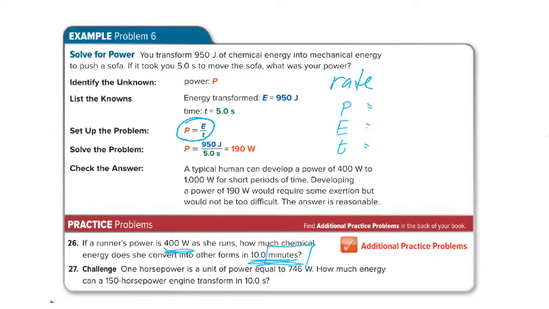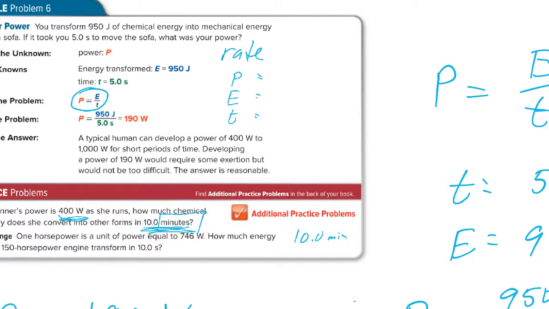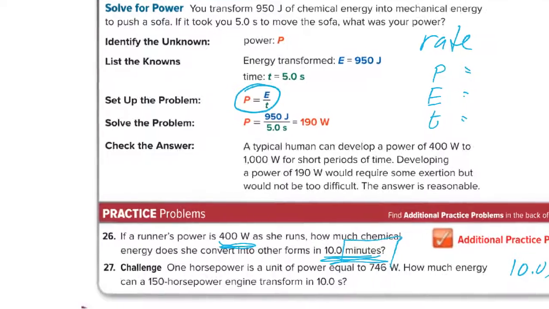Now you've got to convert that to seconds, because watts are measured in seconds, so you don't want that in minutes. You've got to multiply that 10 by 60, because you have 60 seconds in 1 minute. That makes minutes cancel out. So you need to actually convert that one.